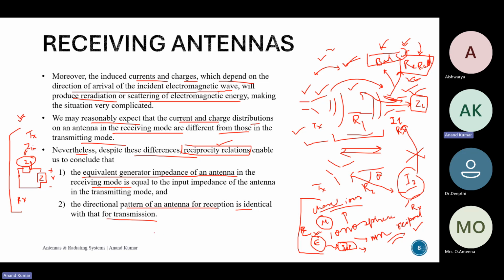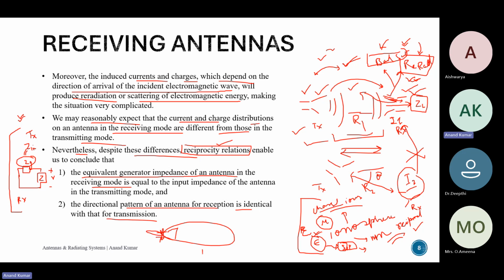We had seen the radiation pattern in the previous classes. Let's say there's a horn antenna like this, and its radiation pattern looks like this, with some small back lobe and some minor lobes.